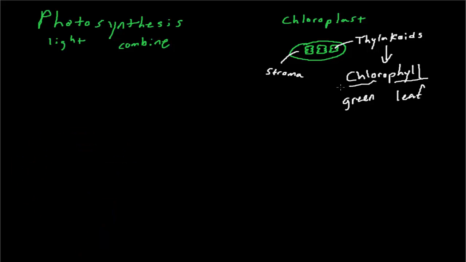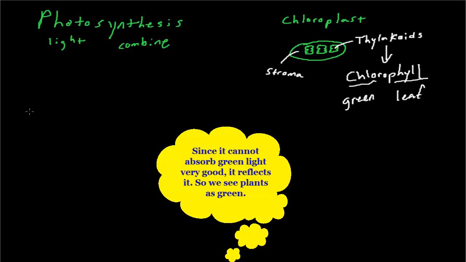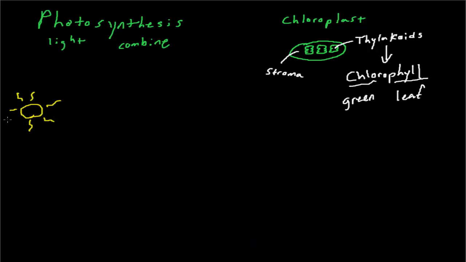Chlorophyll can do this neat trick where it can absorb sunlight and use it. Now, let's draw us a happy little sun here. Let's look at this process. The sun, of course, radiates light, and light is a form of energy.